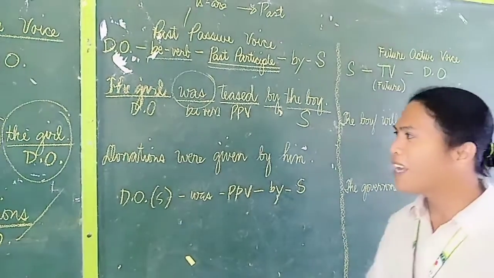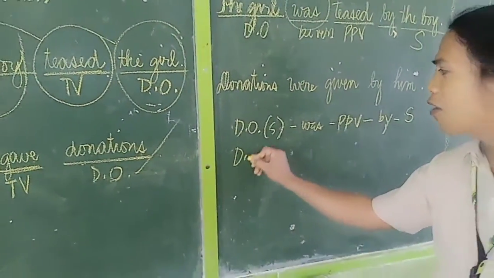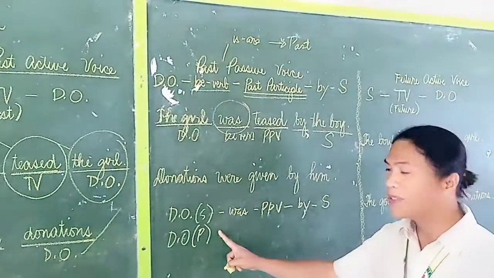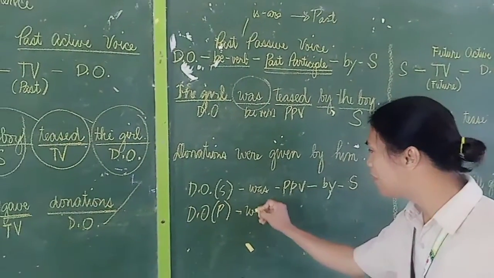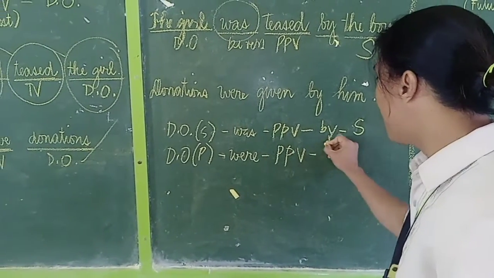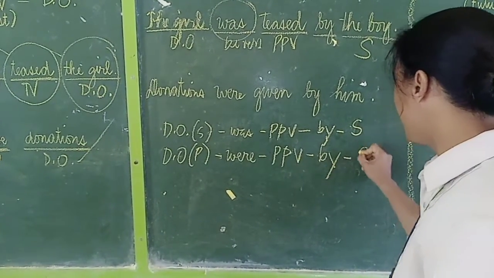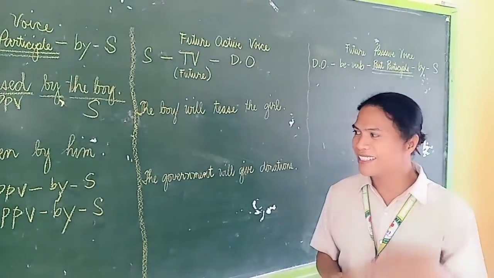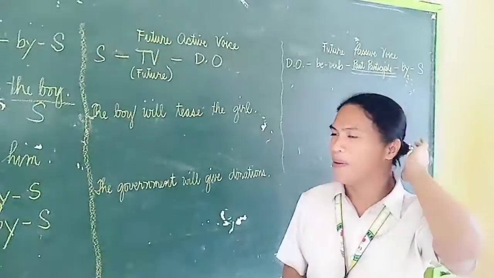Okay. What about if our direct object is plural in the past passive voice? So your are becomes were, and then the past participle of the verb, and then by, and the subject. Okay, is that clear? Okay, clear.